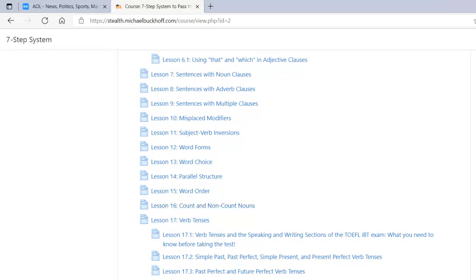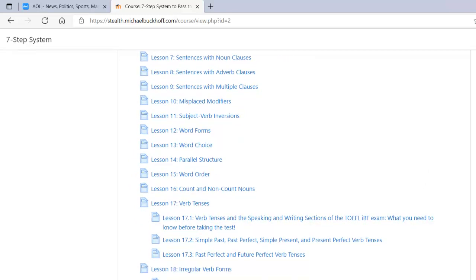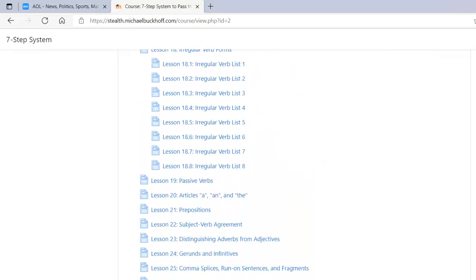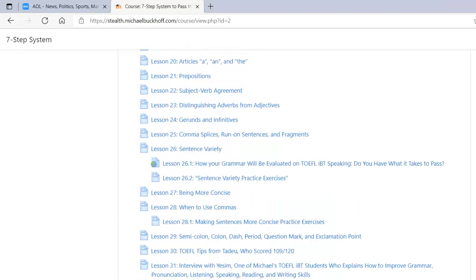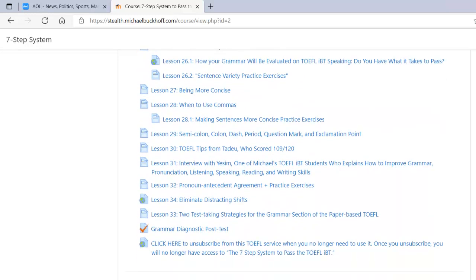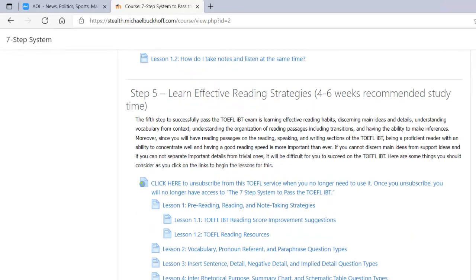Remember that they're singular. I think that's a good lesson you can take a look at. I think lesson 26, sentence variety, and also 26.2, sentence variety practice exercises, is a good lesson for you right now. You can check out that one in the grammar part of my course.